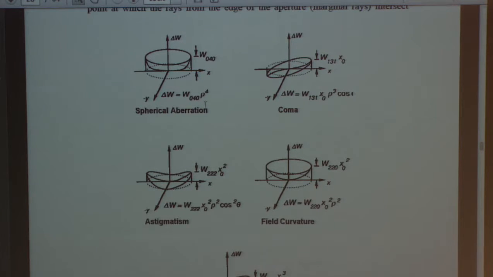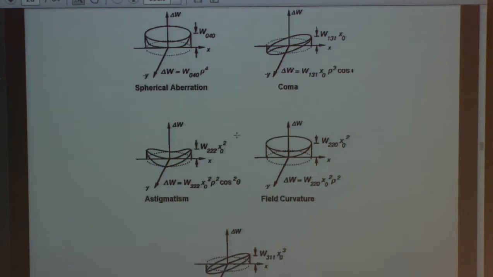Well, this is rho to the fourth, so that will be a 4. And the third one has to do with the angle theta, like I'll show right down here. Angle theta, and the third subscript here is the exponent of the cosine of theta. So we'll go through each one of these at a time here.